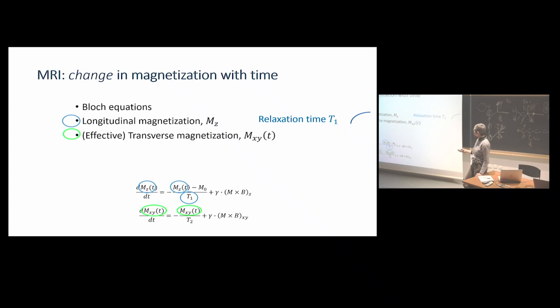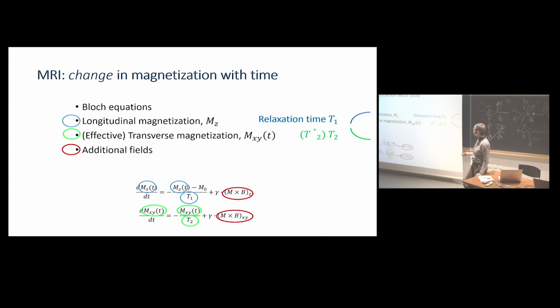Then we have the transverse magnetization, or the effective transverse magnetization. We actually have two components here, as you will see in a bit, and they regulate the transverse magnetization. What they do is that you lose signal, so you have a T2 decay, or T2 star decay in MRI.